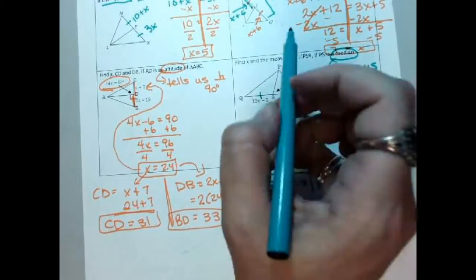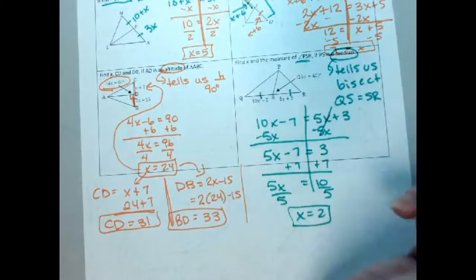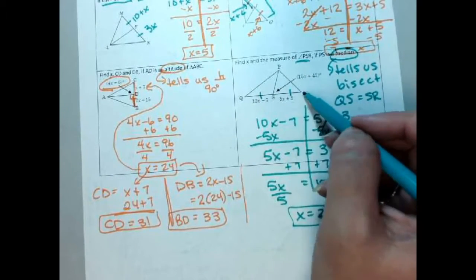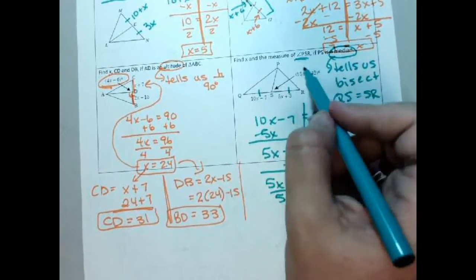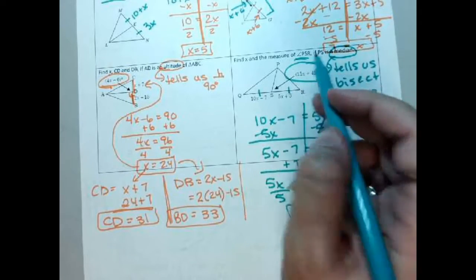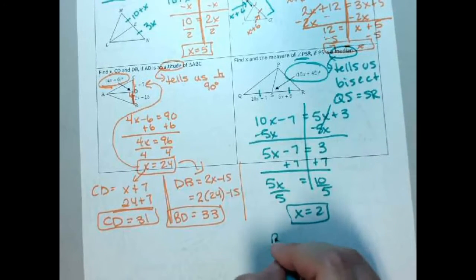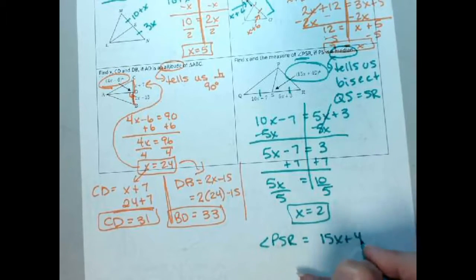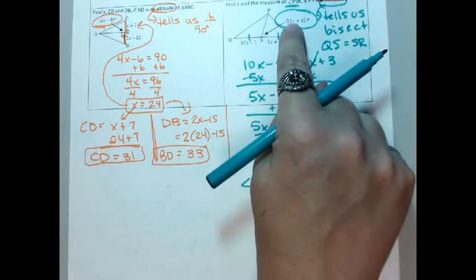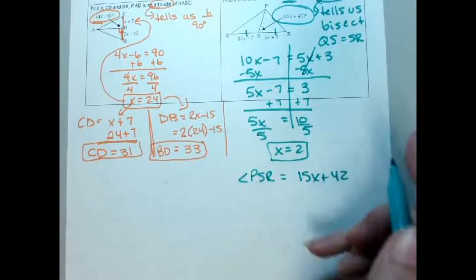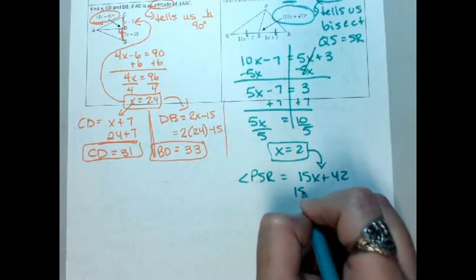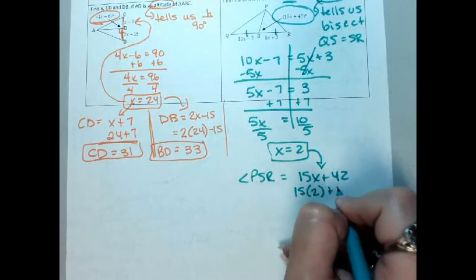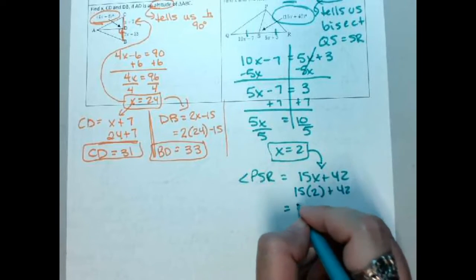Now this problem, they also asked me to find this angle PSR, so I'm going to take and plug it back into here to get this angle that they asked me to find. So PSR equals 15x plus 42. That's this angle right here. I'm going to plug it in down here. Plug in the x. 15 times 2 plus 42 equals 72 degrees.